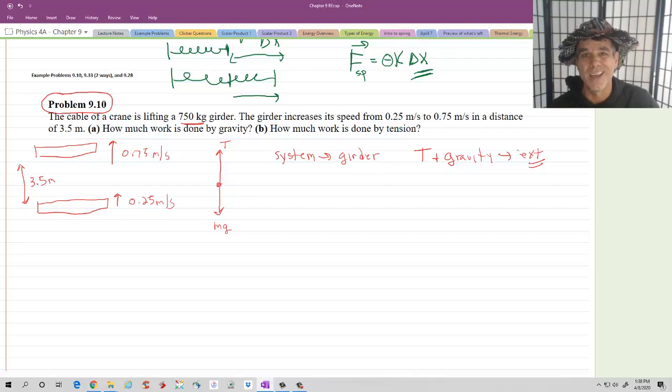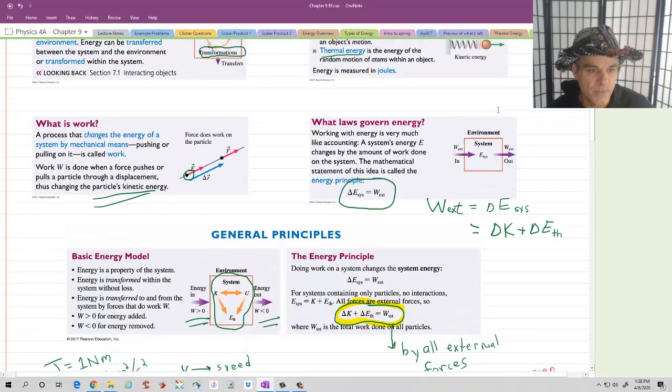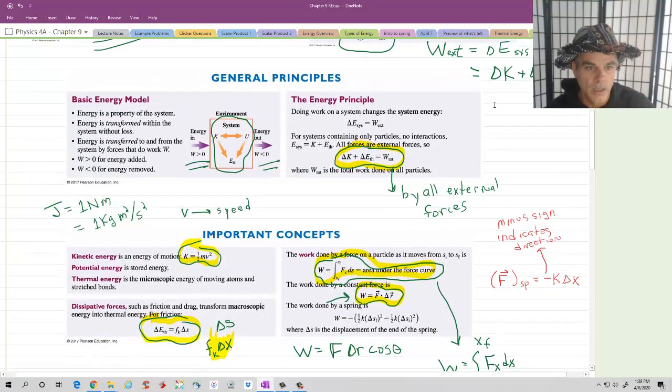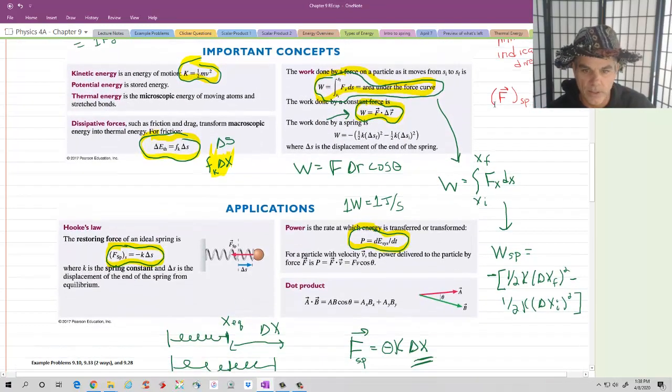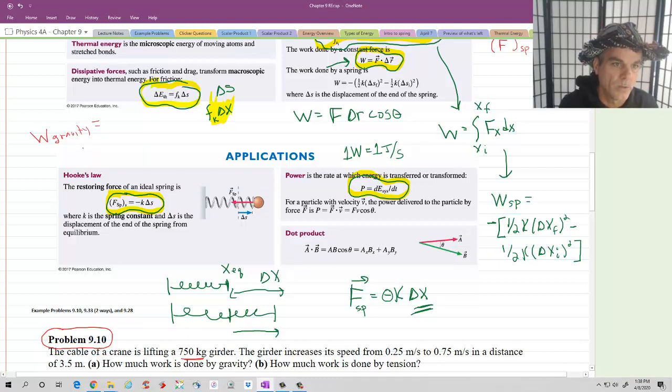And oh, I guess I forgot to put that on this important concepts up here. So let me just throw that up here real quick. Basic work done. That's funny they don't have that on the review. So anyway, big thing here. Work done by gravity is equal to negative mg delta y.